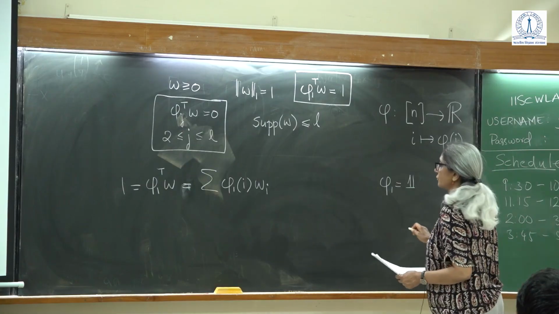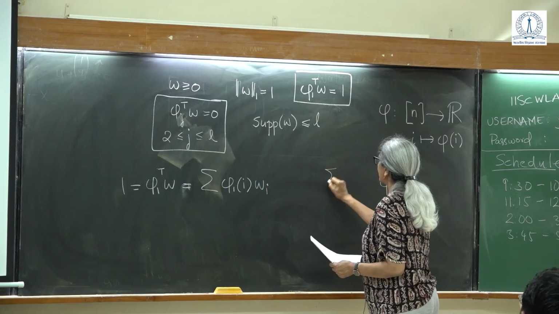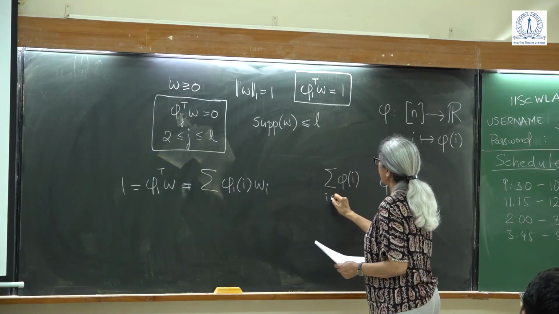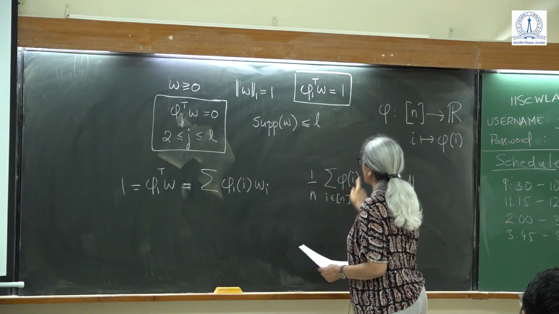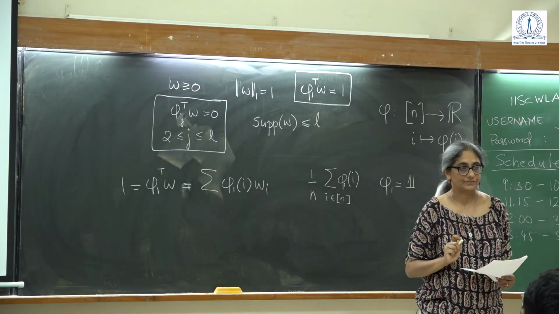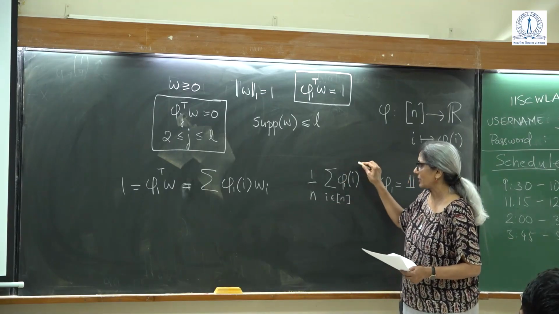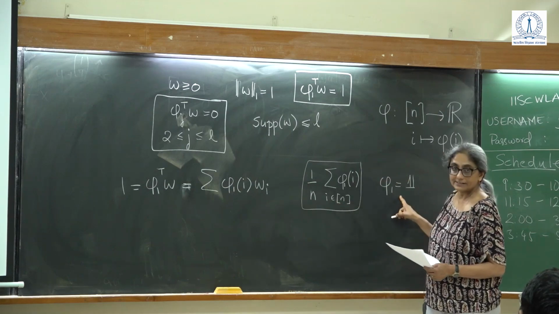What happens if you take the global average of phi1? If I sum phi1 i over all i in n, this is the global average of phi1 over the whole graph. Do you agree? I'm writing two separate things. phi1 is the all ones vector.